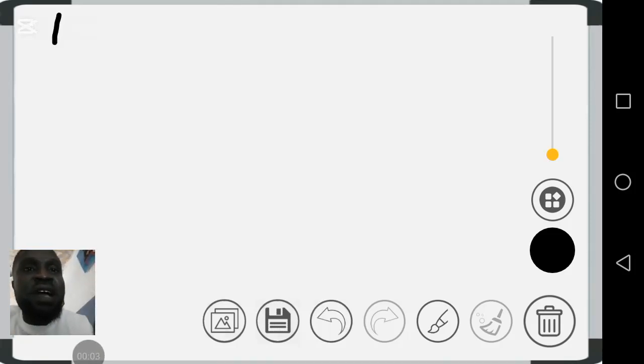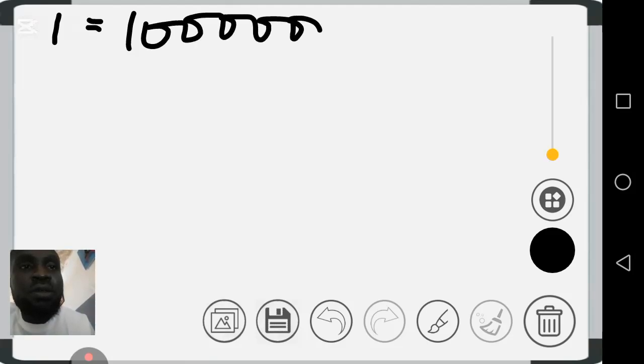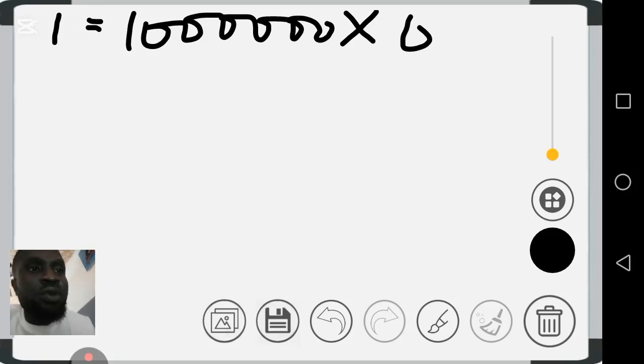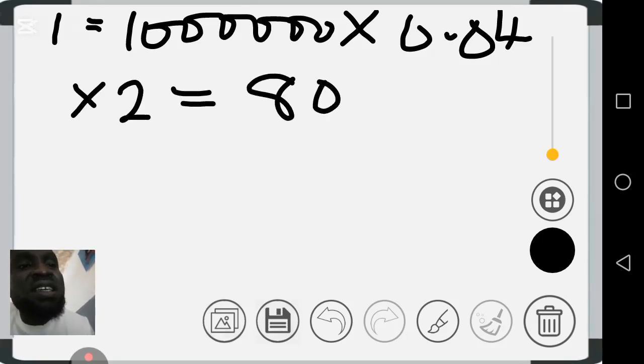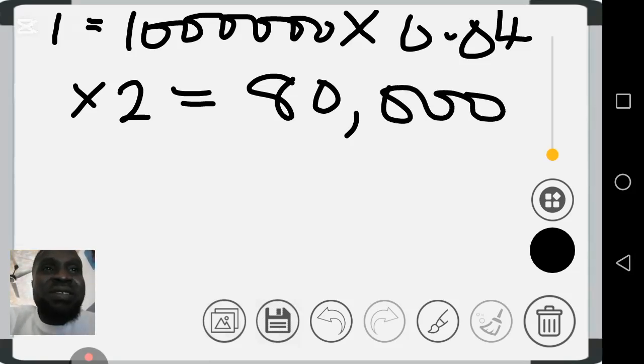I is equal to 1 million, 1 million times 0.04, which is the rate, times 2, which is equal to 80,000 naira. If you got that right, you are doing well.